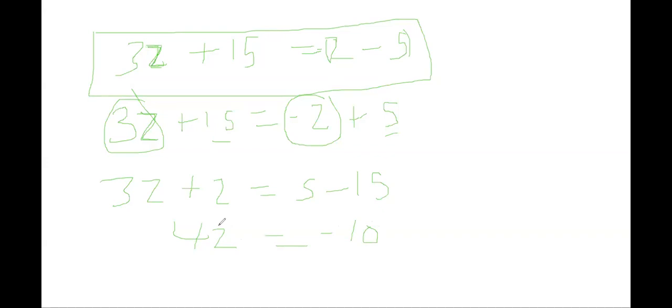So at the end of the day, the goal, as I always said, is to find the numerical value of the variable. So to do that, we divide both sides by 4. Then z will be something like this, over 4.